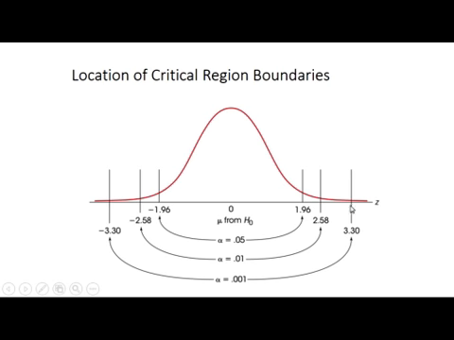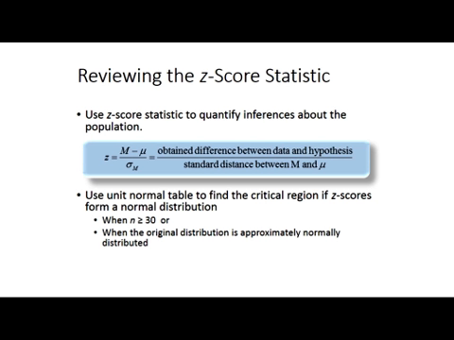So you remember those charts where you were looking at how the scores fell. Now, remember when we were talking about z-scores, we really use z-scores to quantify inferences about the population, right? What's the obtained difference between the data and the hypothesis, and what's the deviation between the sample and the population.